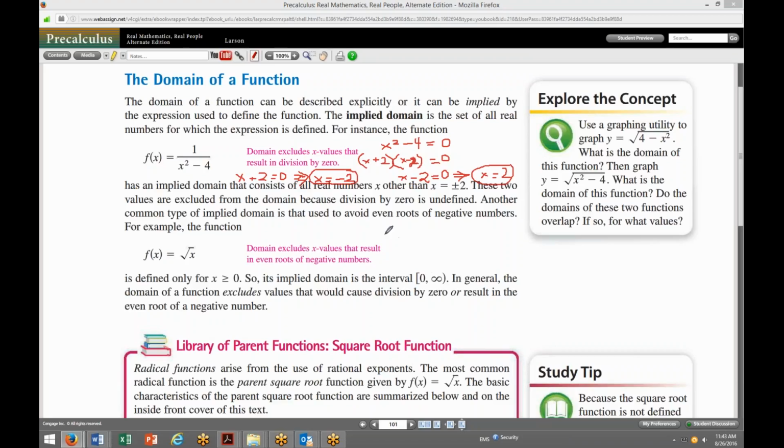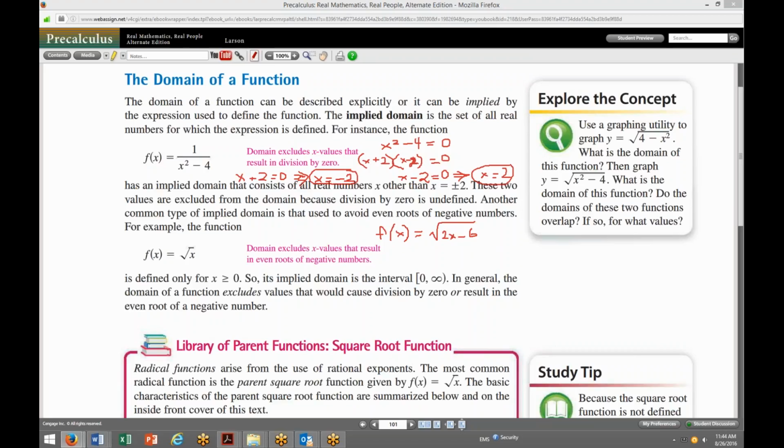And so, for instance, let's look at an example. If you had f of x equals square root of 2x minus 6, and you were asked to tell the domain of this function. Well, it's not all real numbers.